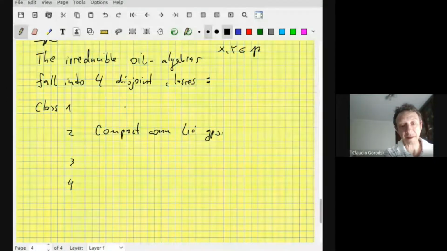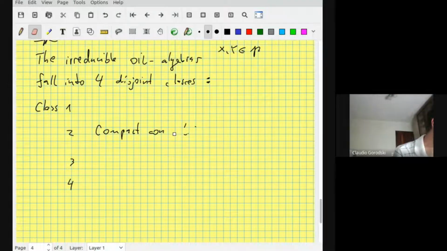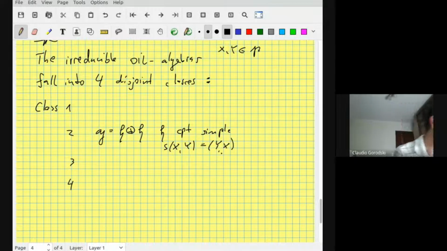And class 1, well, I should say in terms of orthogonal Lie algebras, right? So class 2 is the first example we gave today, where H is compact, simple, and S interchanges components.